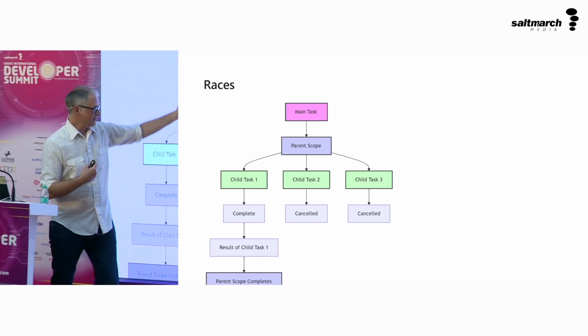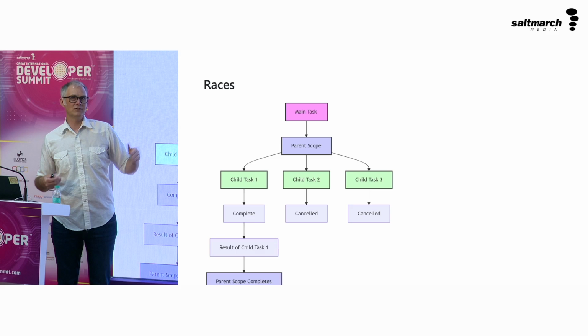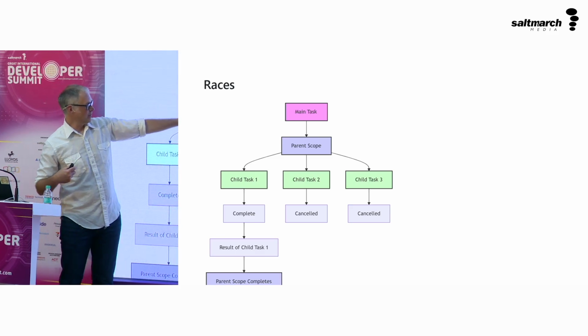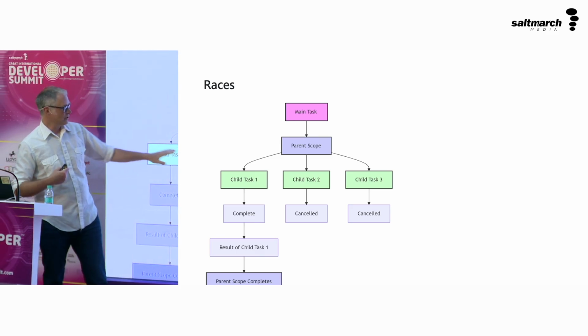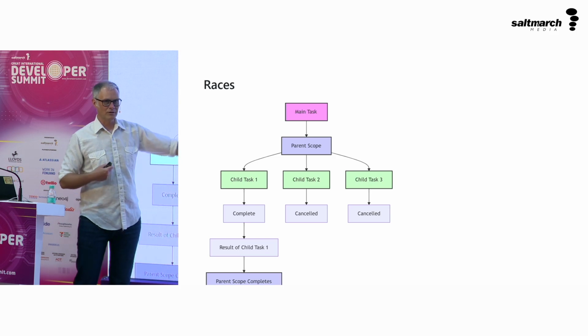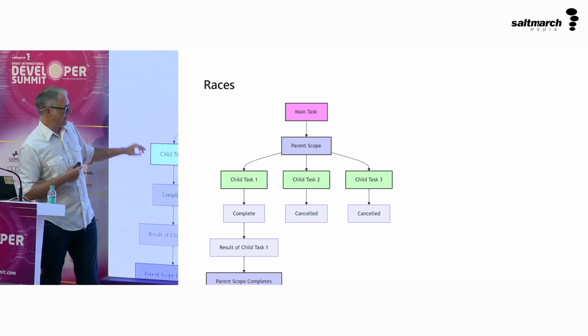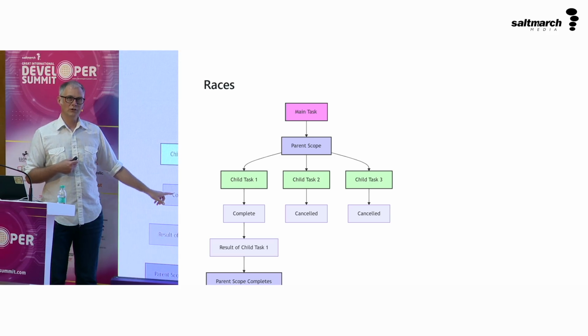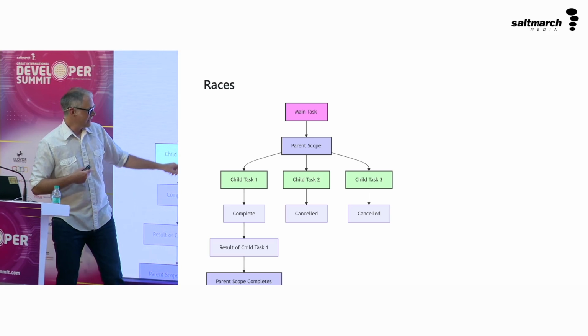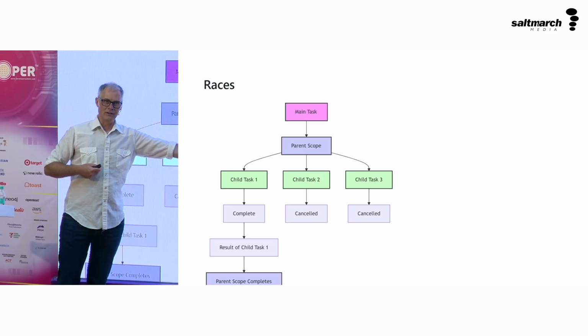And so that's what we do with structured concurrency to define a race: we've got our parent scope, we have our children that we've spun off, and that can be as many children as we want. And in the easy default form of a race, as soon as one of these children wins the race, we cancel all the other children in the race.